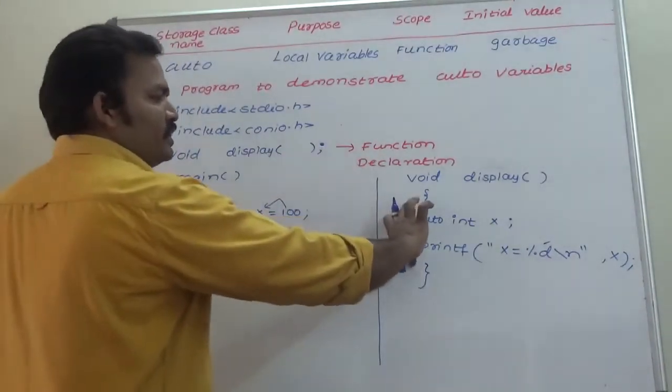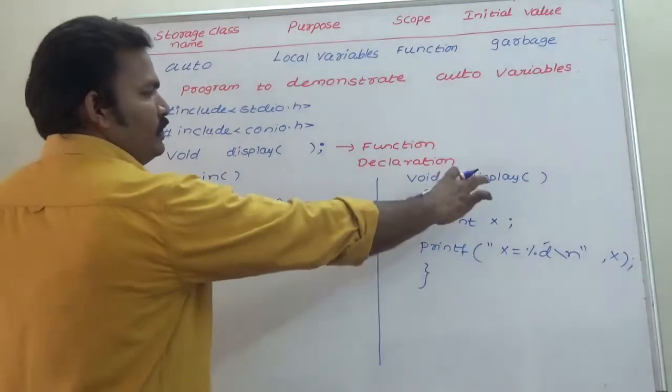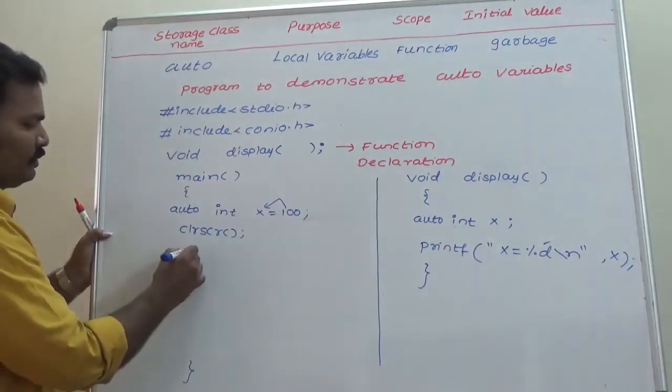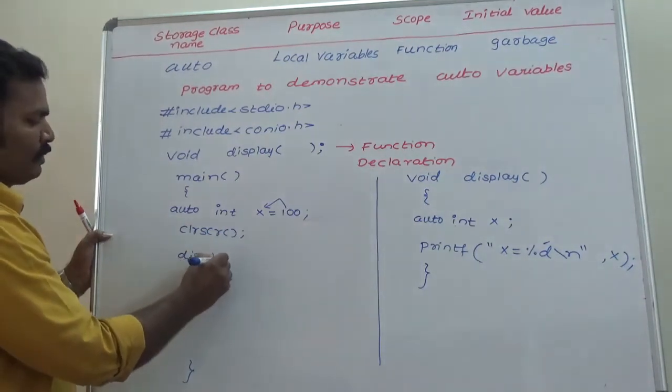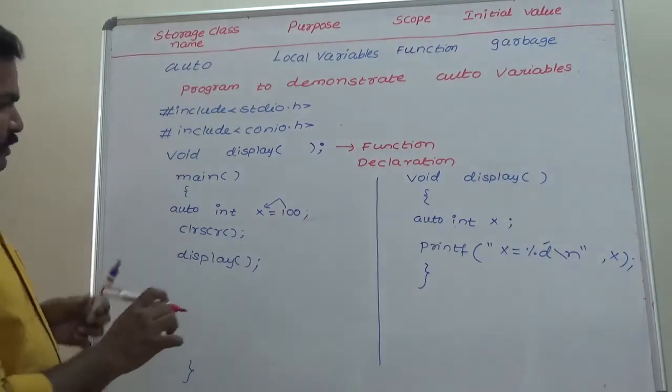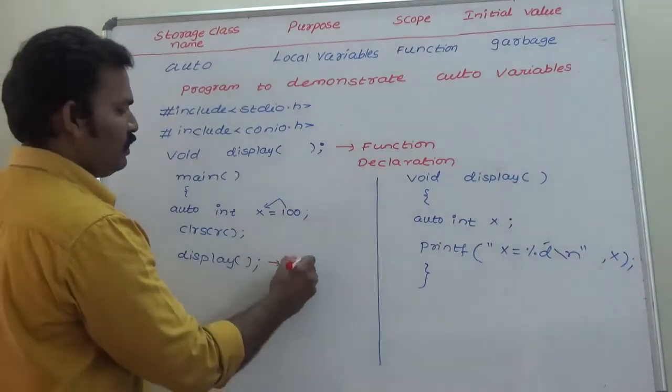To execute this function, we have to call that function from the main function. Display. So this is a function call statement, function call or calling function.